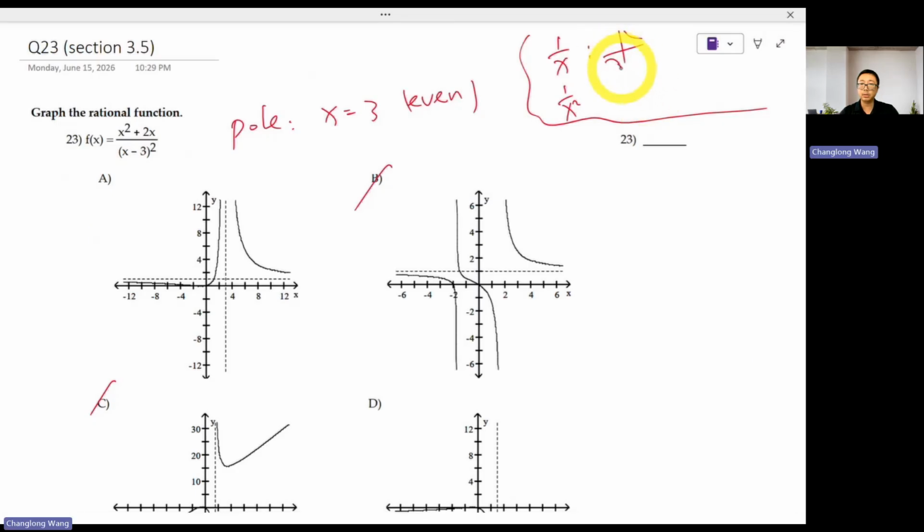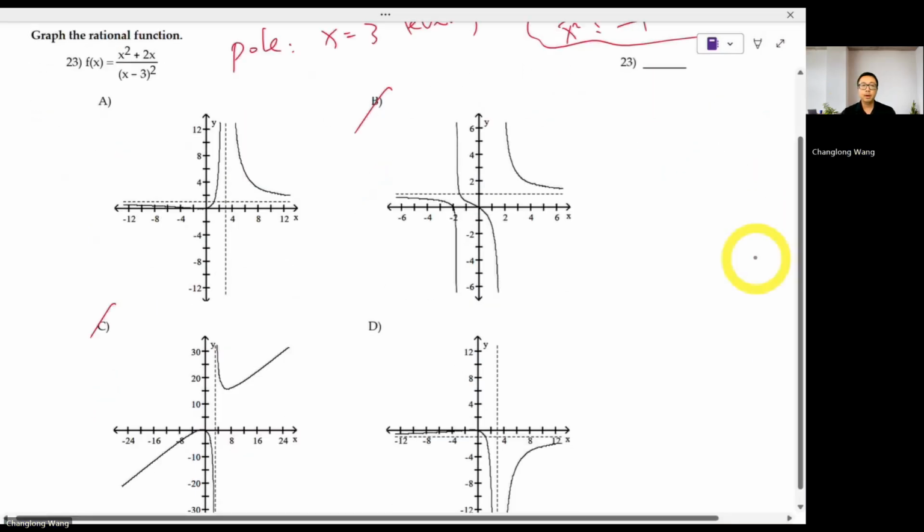It has a pole at the origin, so the y-axis is a VA. So the graph goes one way and the other on either side of the pole. But for 1 over x squared, it does have a VA at the same location, so the graph approaches in the same direction.